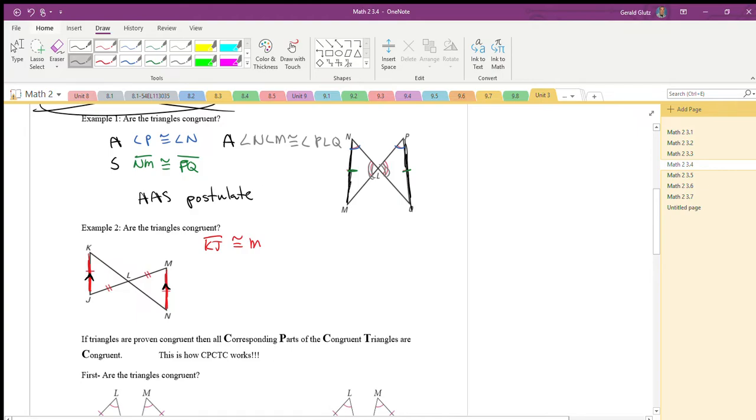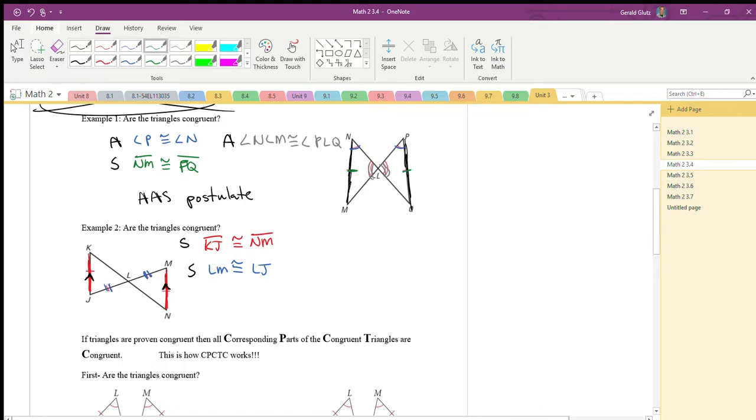It should be NM. I know that LM is congruent to LJ. So far we have a side. Oops, that's not an angle, that's a side. So we got two sides so far.